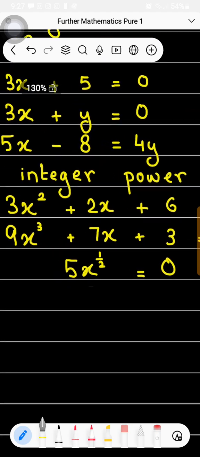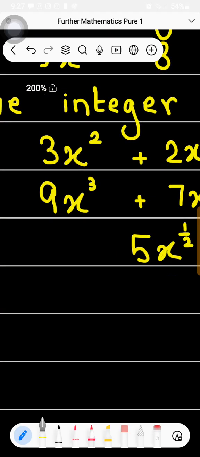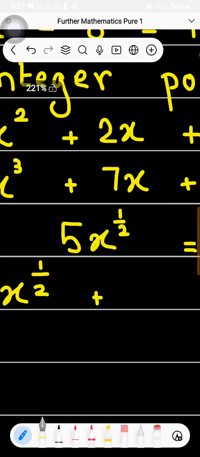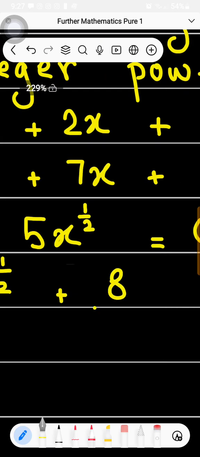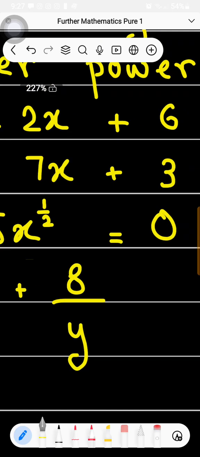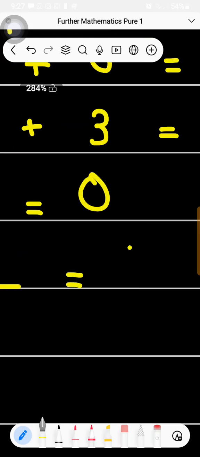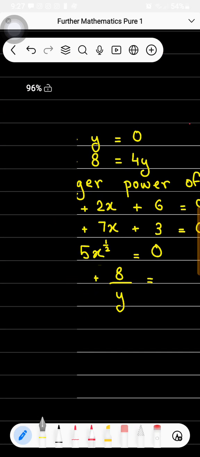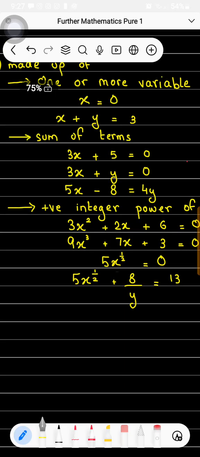Now have a look at the fourth example: 5x^(1/2) + 8/y = 13. The first condition was one or more variables. Yes, one variable, second variable.